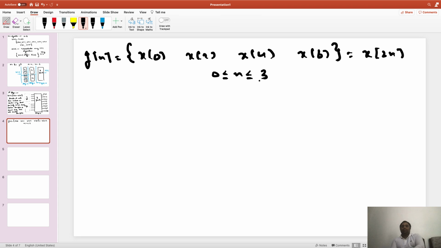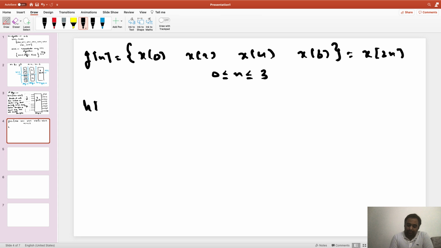So there are 4 samples. If you put n equal to 0, you get x0; n equal to 1, you get x2; n equal to 2, you get x4; and n equal to 3, you get x6. So we have picked up all those sample values of x[n] which were located at even indices.